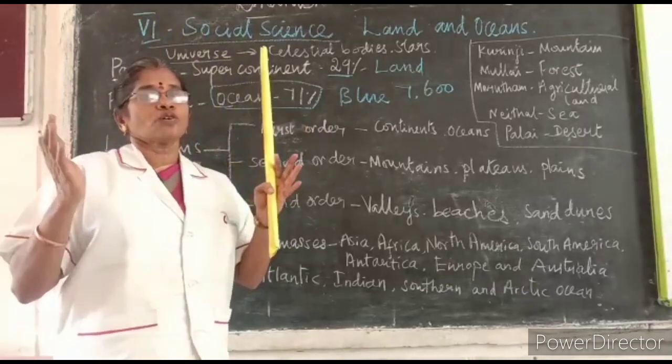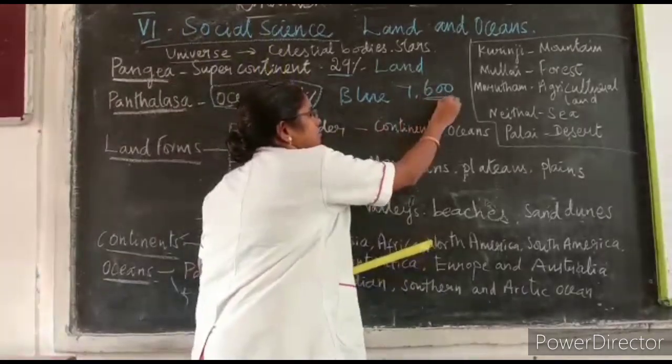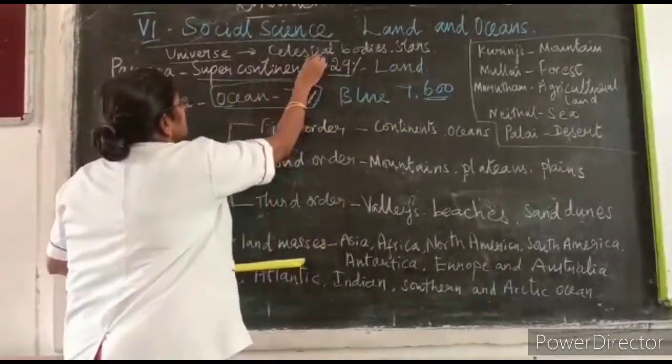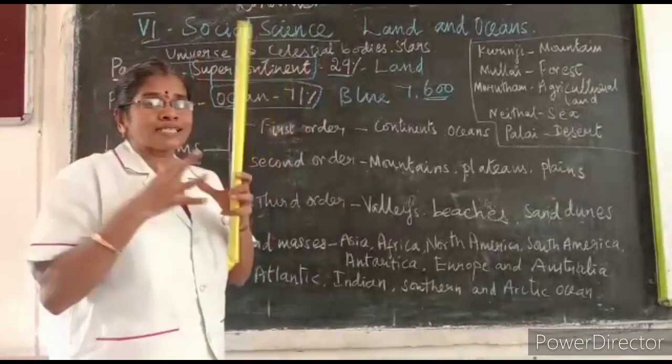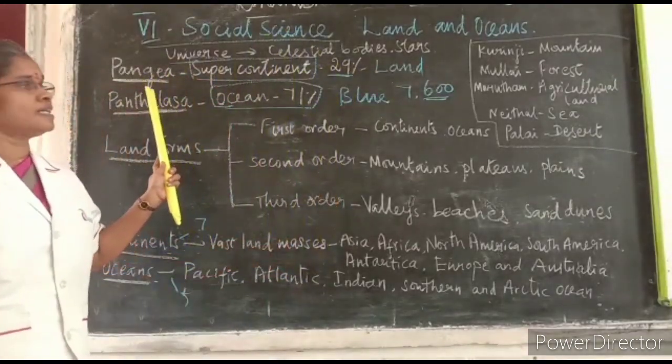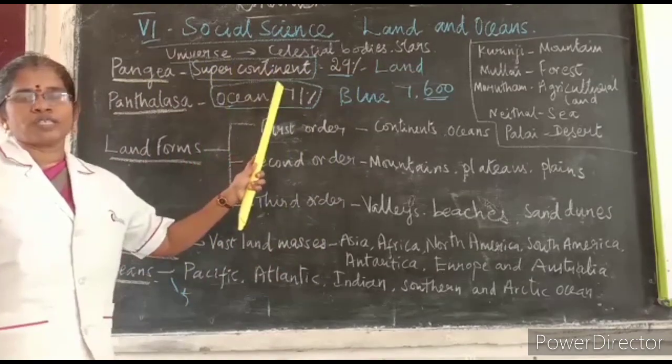Is it clear? So what happened before 600 million years? All the continents were clustered together, and that we call Pangaea. Pangaea is nothing but a supercontinent.